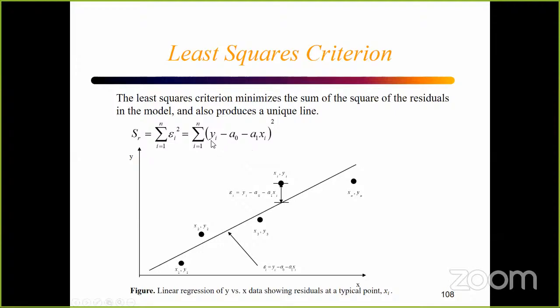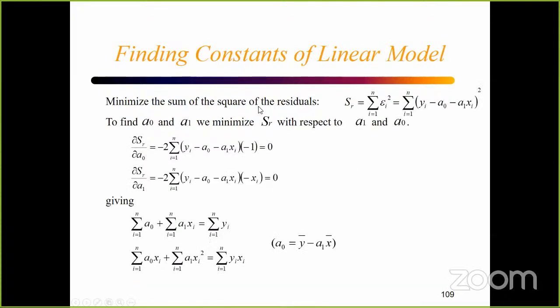We take yi minus a0 minus a1 xi whole square, and take the summation. How it will happen, we'll see that. Minimizing the sum of the squares of the residuals. This is the procedure.